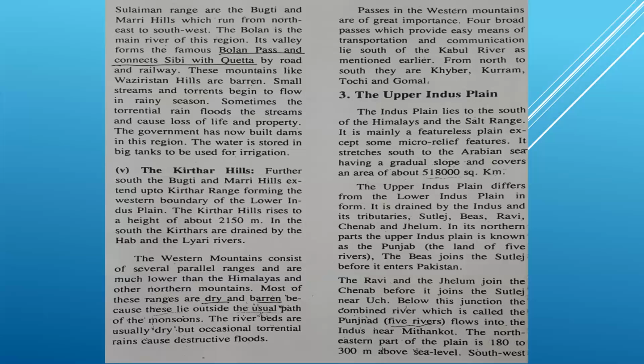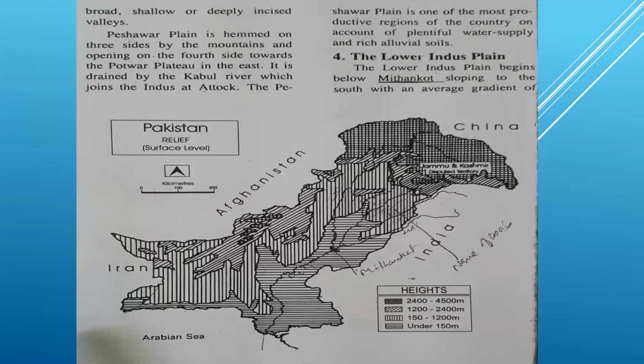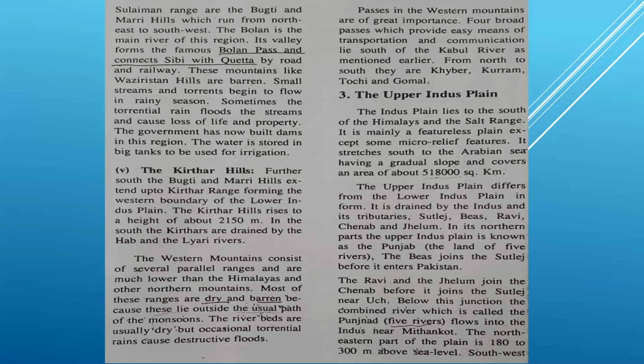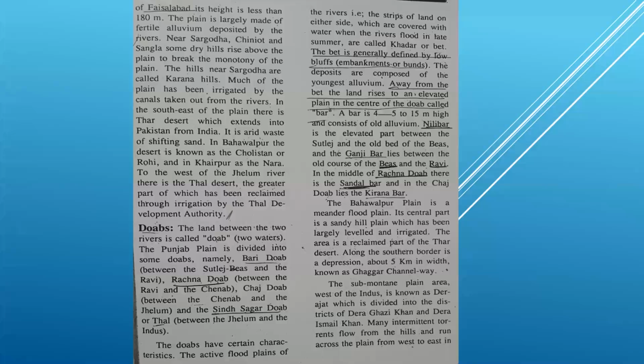The northeastern part of the plain is 180 to 300 meters above sea level. Southwest of Faisalabad, its height is less than 180 meters.